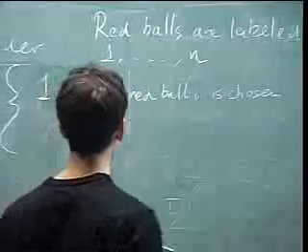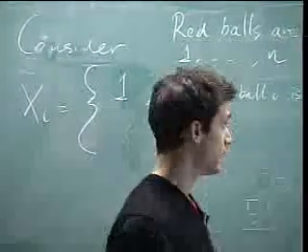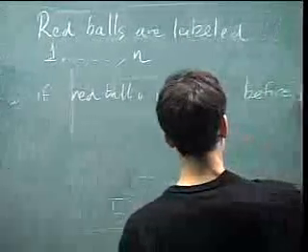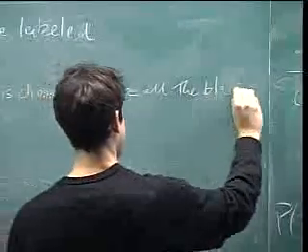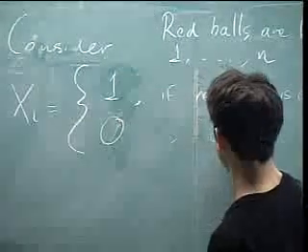So let's say that Xi is 1 if red ball i, with label i, is chosen before all the black balls, and 0 otherwise.